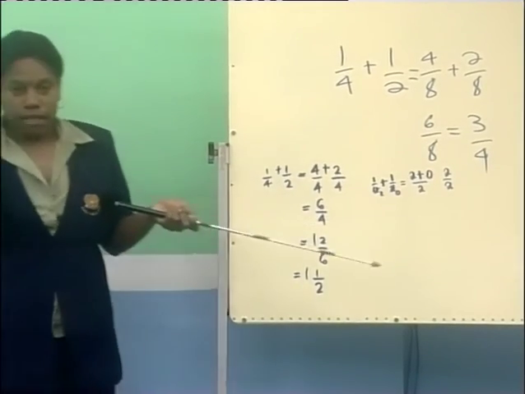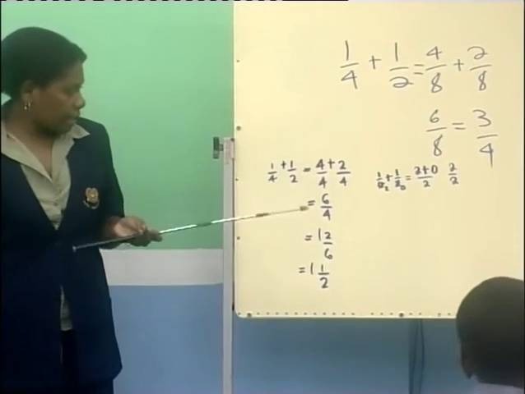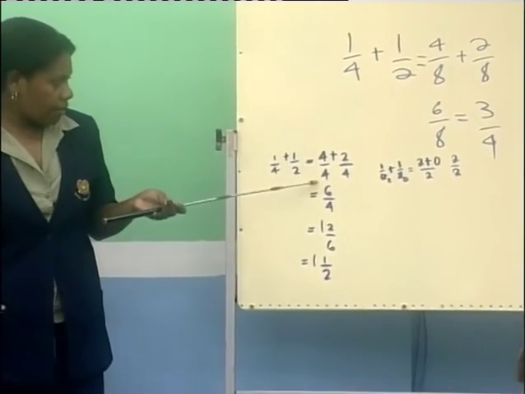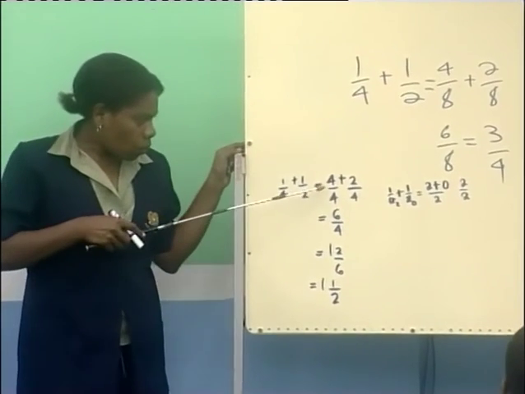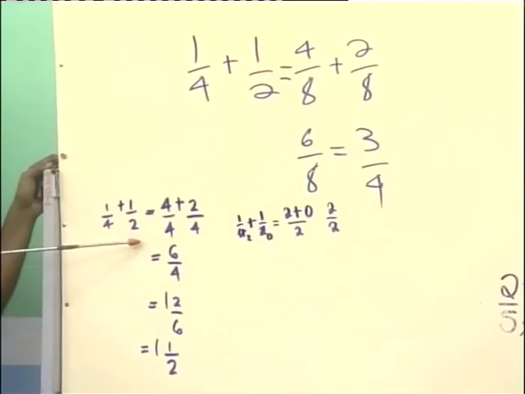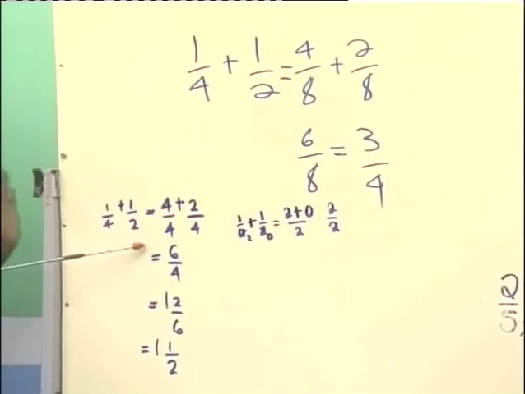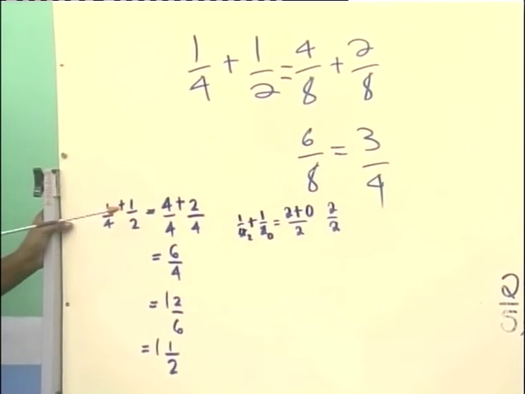Okay? So let's look at the other working out, a quarter plus a half here. What is the lowest common denominator for 4 and 2? 4, okay? The lowest common denominator is 4. So we had to make equivalent a quarter.